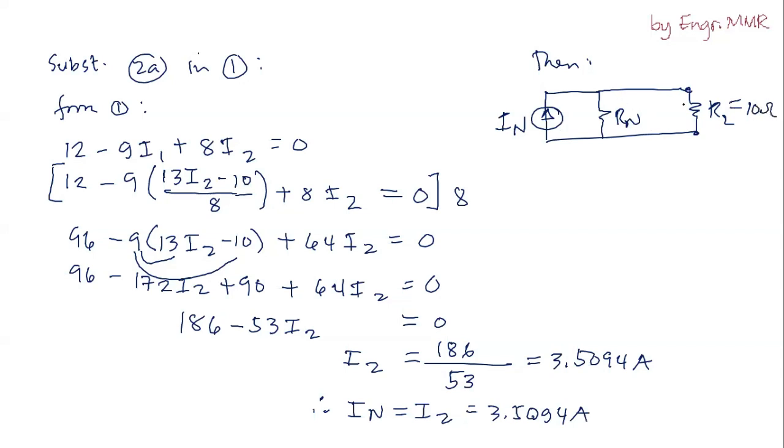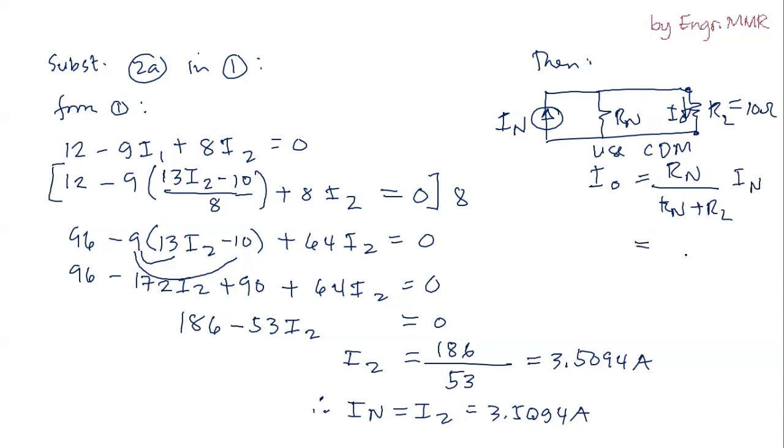So the unknown is the current through the 10 ohms, and that is IO. Solving for IO, we will be using the current division method. Since it is the current through RL, the numerator will be the opposite branch, which is the RN, divided by the sum of the two resistors connected in parallel, times the input current, which is IN.